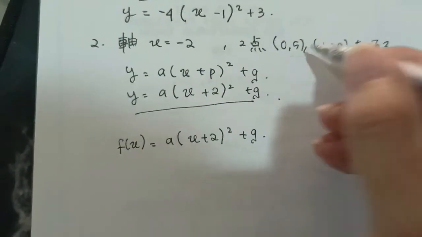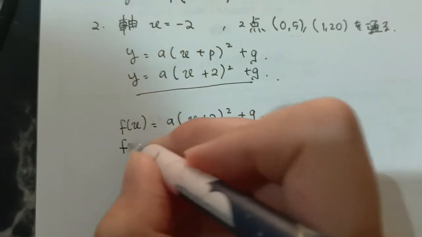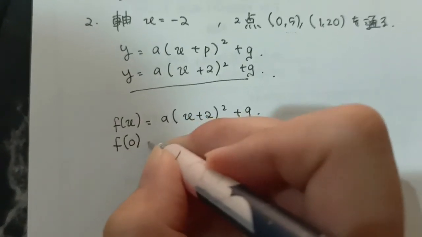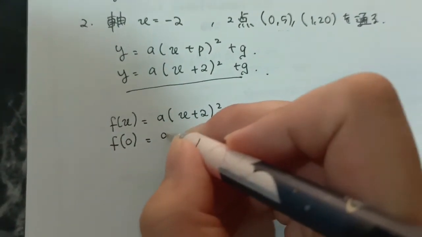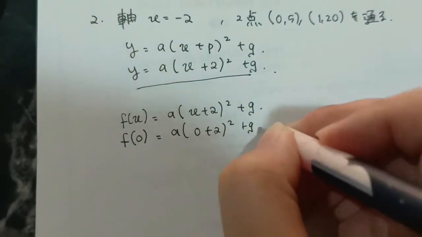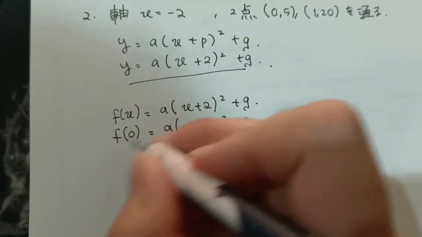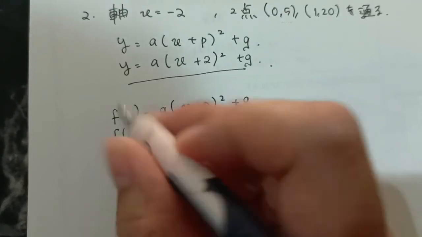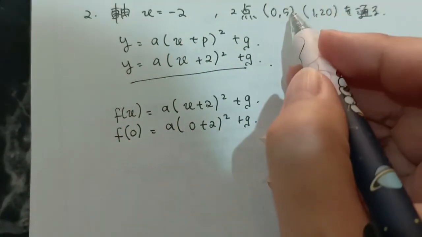Now we are using the first one, (0, 5). If x is 0, a(0 + 2)² + q. The result of this f(x), or y, is 5.